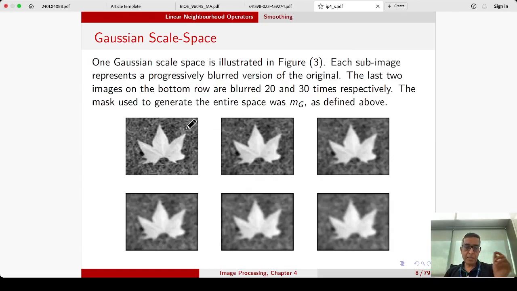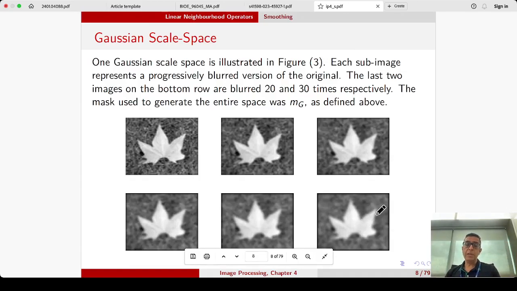So this is known as a Gaussian scale space. As you progressively move from fine scales to coarse scales, in other words, from blurring with a small Gaussian to blurring with a large Gaussian, you can see there's a progressive suppression of information in the background and a progressive enhancement of the big structure in this image, which is the leaf.